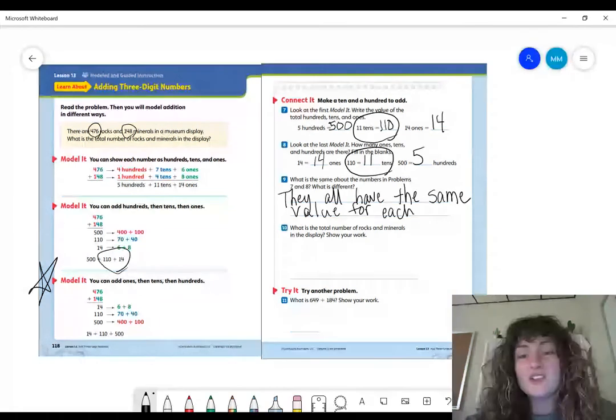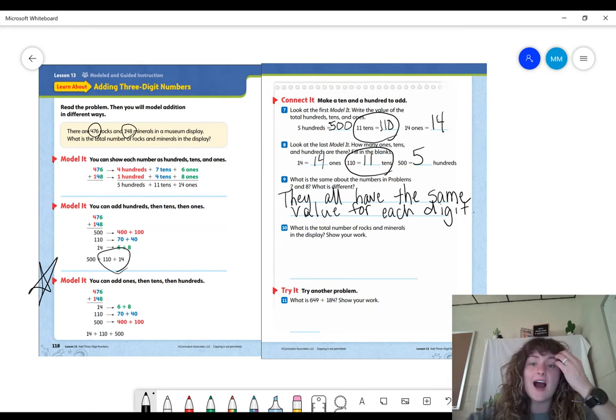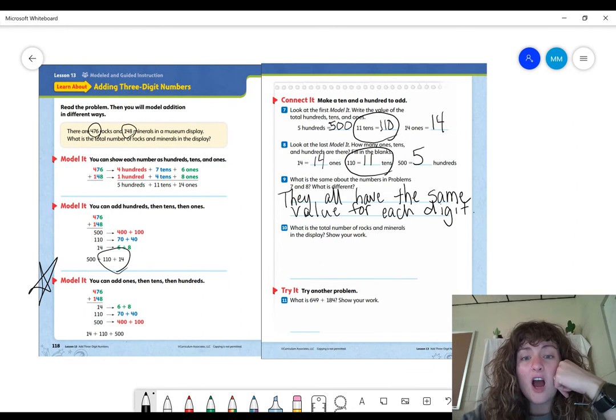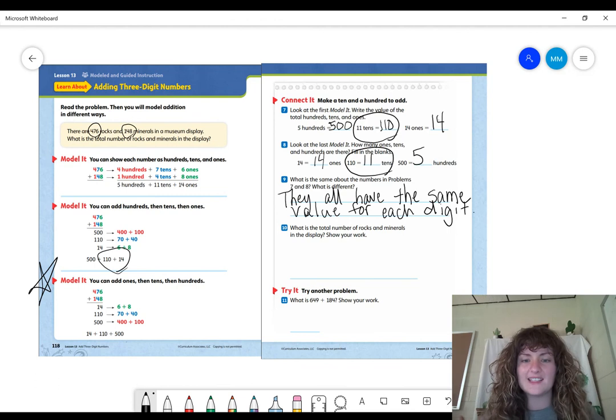And 500 is the same as 5 hundreds. We did the exact same thing at the top for each digit. What is different? What is different about the top from the bottom? On the top one, we started by finding the value of each digit. In number 8, we started with the value and put the number of ones, tens, and hundreds.